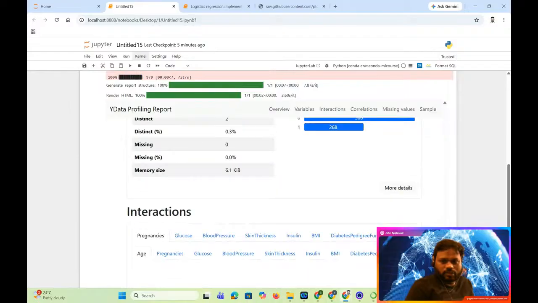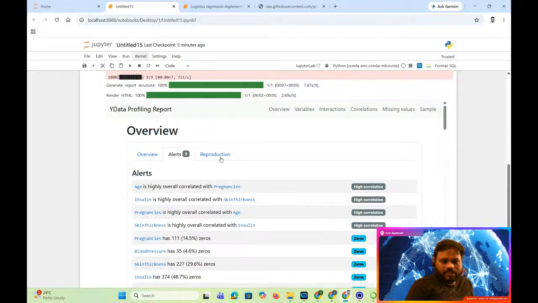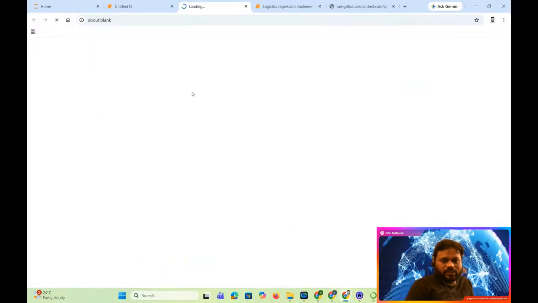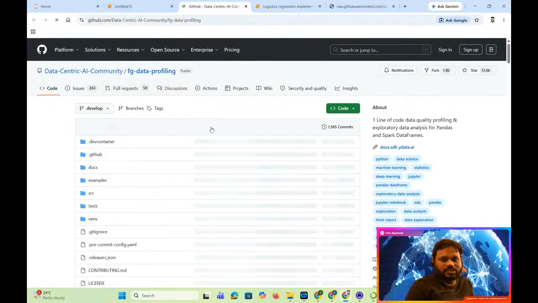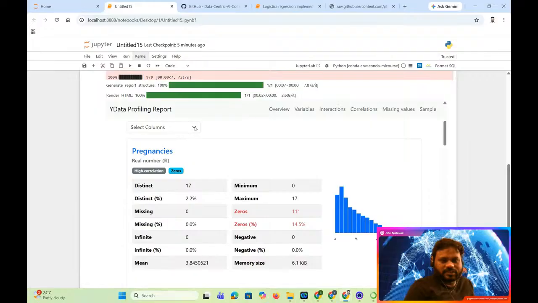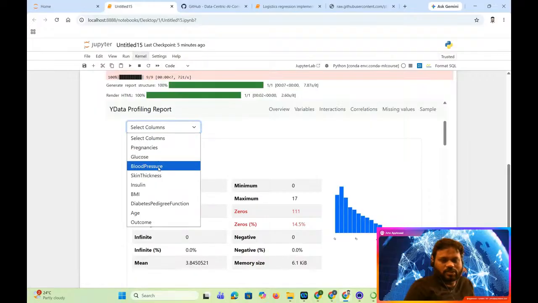Now, going to the profiling, I'm just in the production. So see the ydata profiling software version. When you click this, you see these things and the download configuration, and see variables. Select the columns glucose and blood pressure.